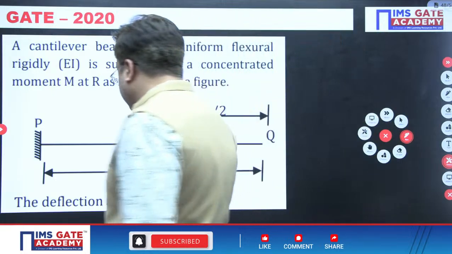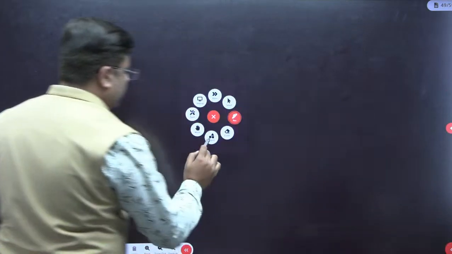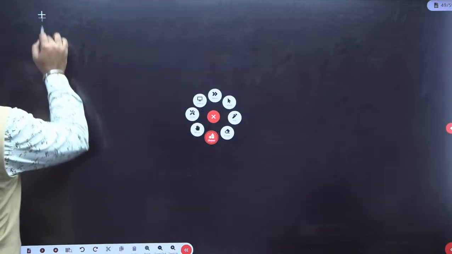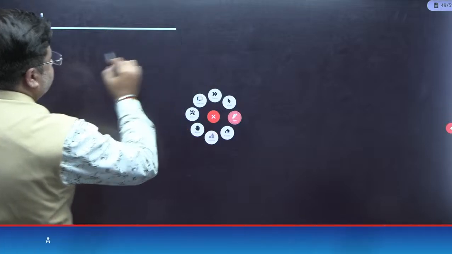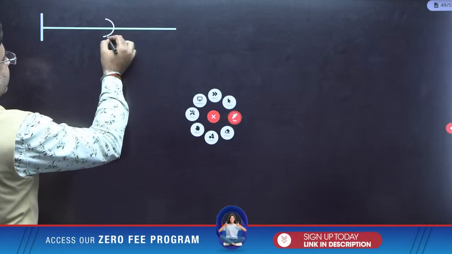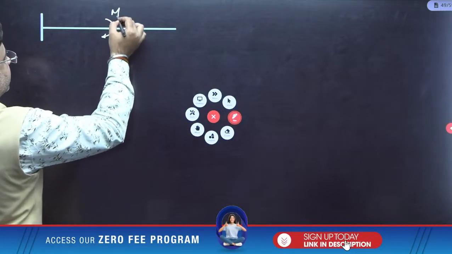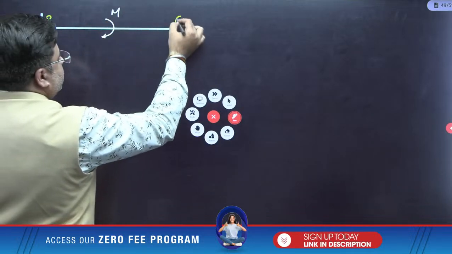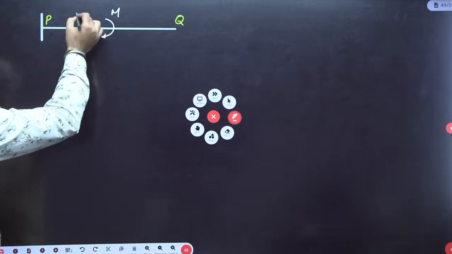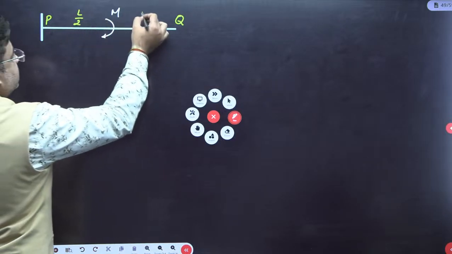Now, sir, how to deal with these type of questions? Check this out. For example, this is the question given to you. And a moment M is acting here, right? So this is point P and this is point Q. This length is L by 2 here and this length is L by 2.